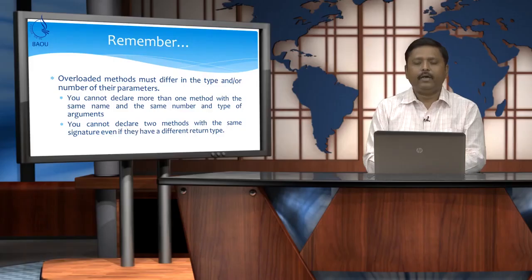Because the signature includes the return type as well as the parameters, but method overloading only works based on parameter number and parameter type. So, the return type is not taken into consideration while calling an overloaded method. So, you cannot declare methods with the same parameters but a different return type. They are considered ambiguous or confusing by the compiler. So, these two things you have to remember.